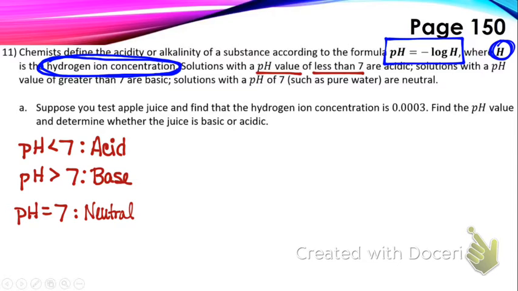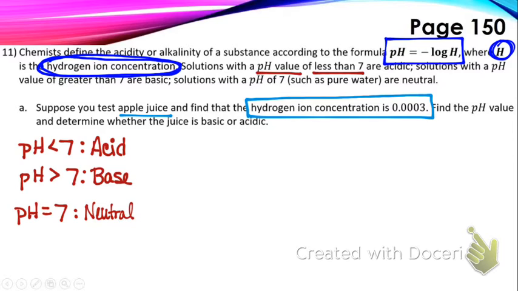So pretend you're in science class and you test some apple juice, and instead of getting a test strip, you are asked to test the hydrogen ion content, and this is what you find: 0.0003. I want to find the pH value, and I want to know whether it's a base or an acid.